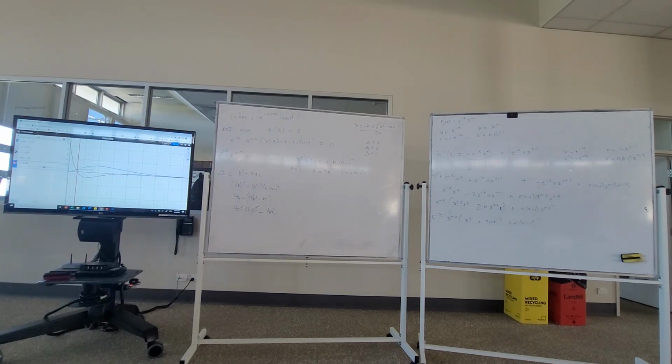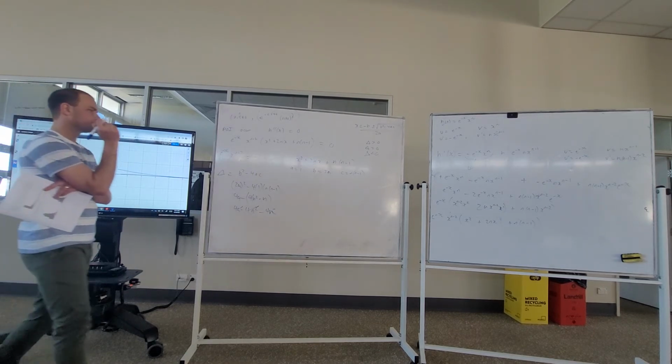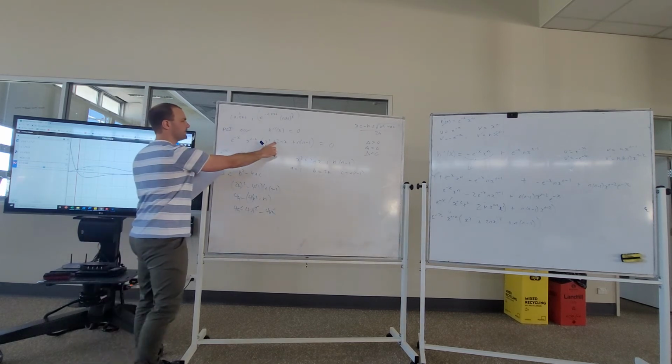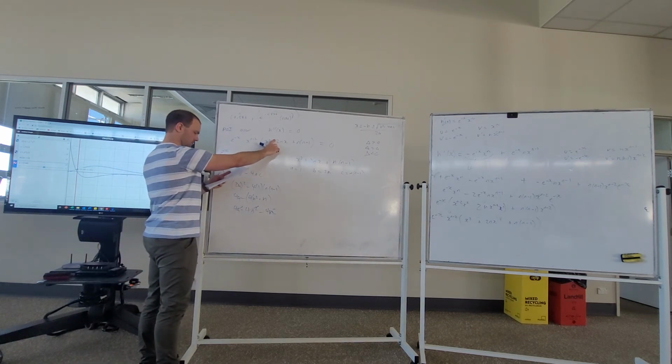Why is it negative though? b squared take 4ac. This is negative here, isn't it? No, I think it's meant to be positive down the bottom.